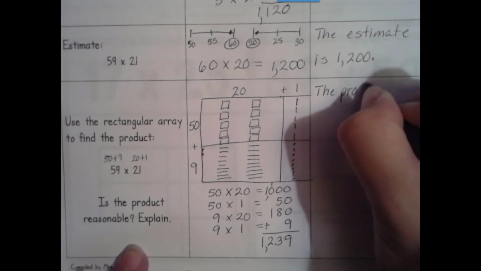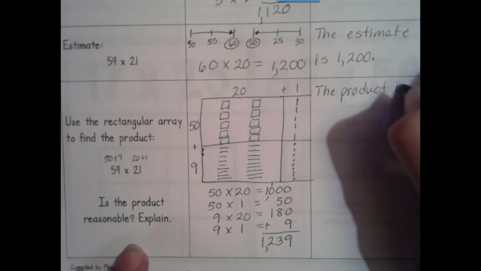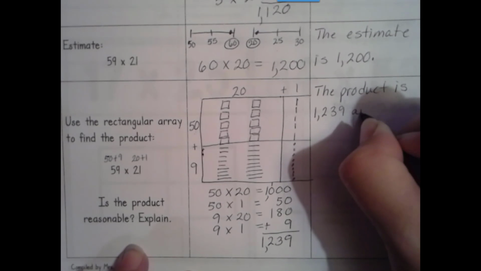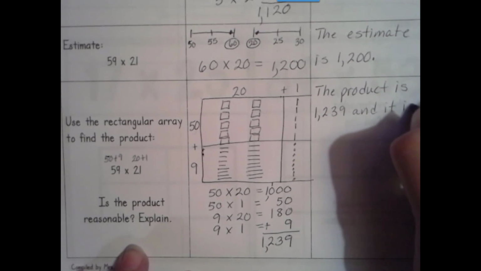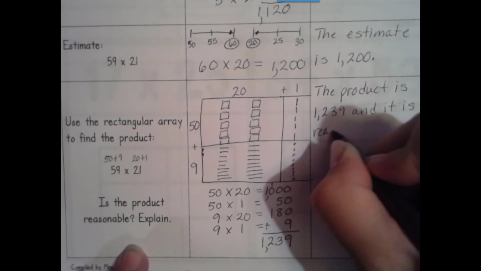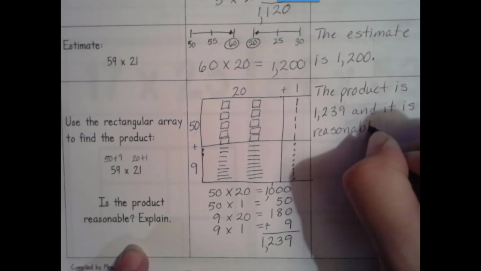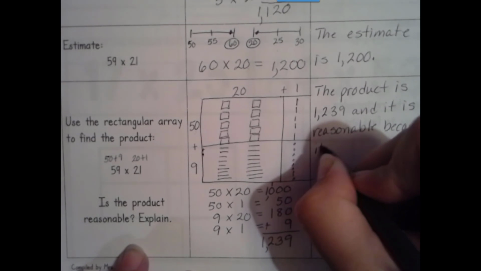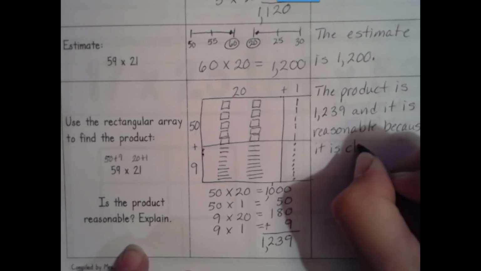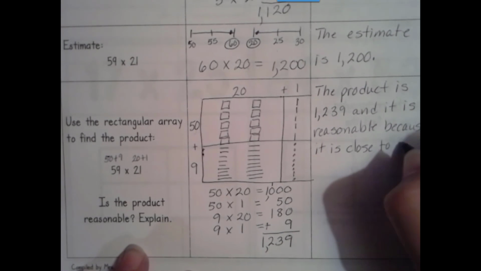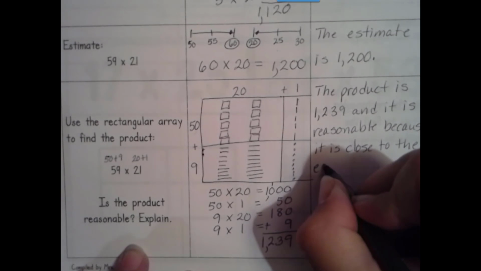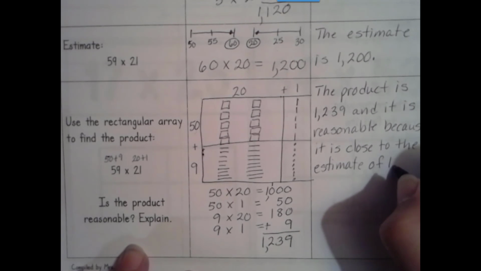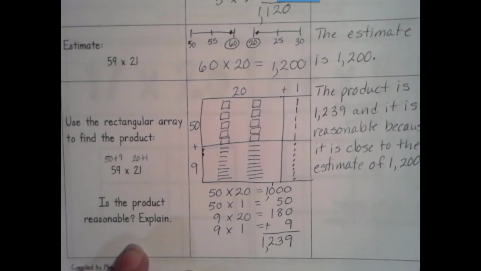The product is 1,239, and it is reasonable because it is close to the estimate of 1,200.